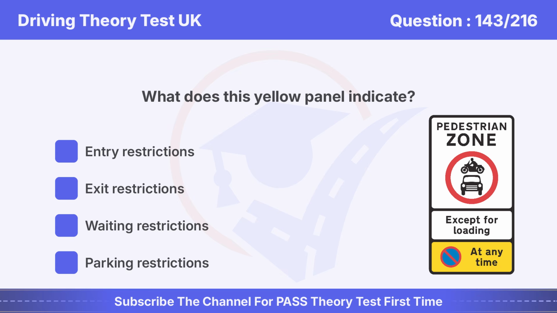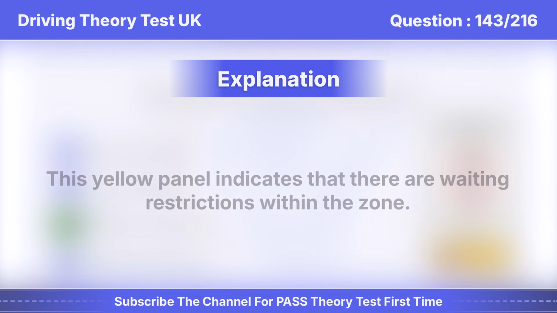Question 143. What does this yellow panel indicate? Answer is C. Waiting restrictions. This yellow panel indicates that there are waiting restrictions within the zone.